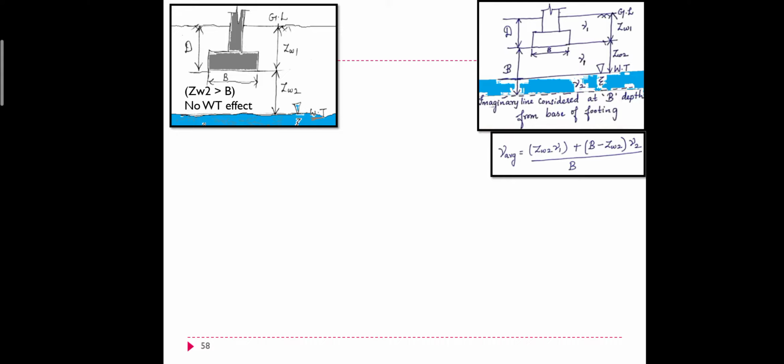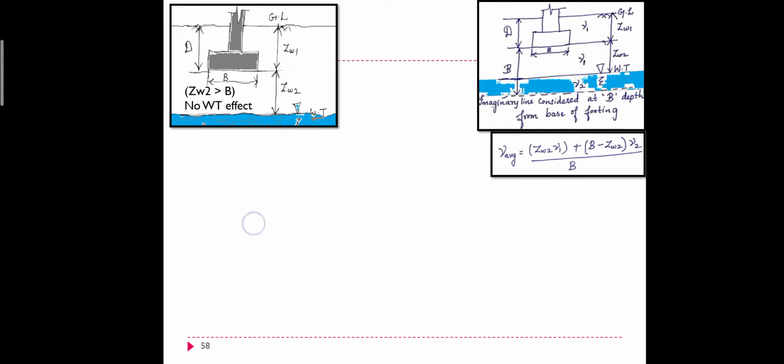Gamma 2, divided by what is the total depth you have considered for average unit weight? B. B is the imaginary depth you have considered. So this is gamma average. If ZW2 is less than B, then we have to find this gamma average. I hope you have understood.